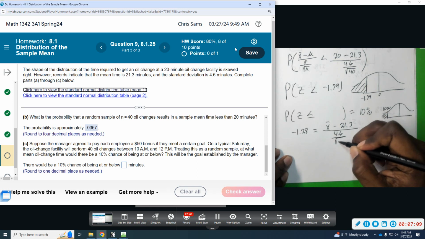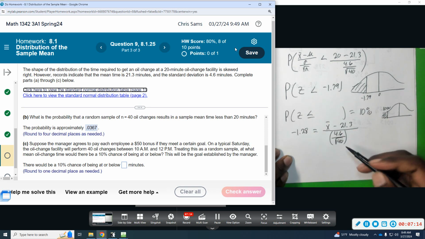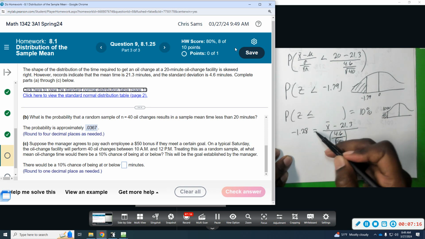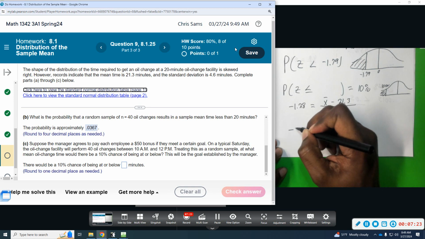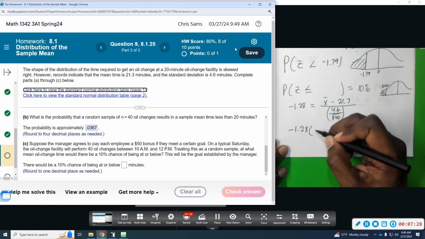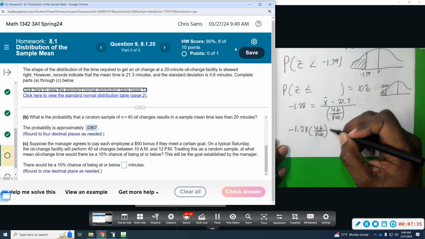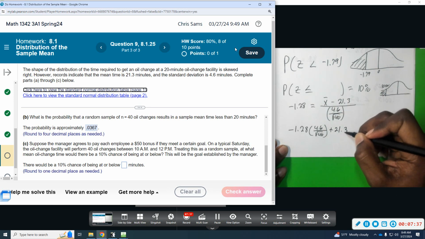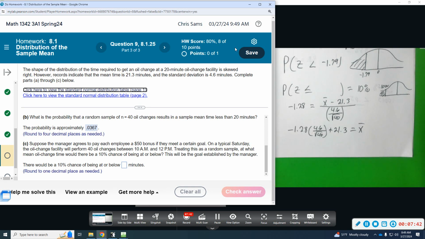So we're going to work backwards. We're going to multiply by the standard deviation and then add this to find the sample mean time that we would need to make that happen. So negative 1.28 times this standard deviation, 4.6, over the square root of 40, and then we're going to add the 21.3. That's going to give us our sample mean that we need to hit those numbers.